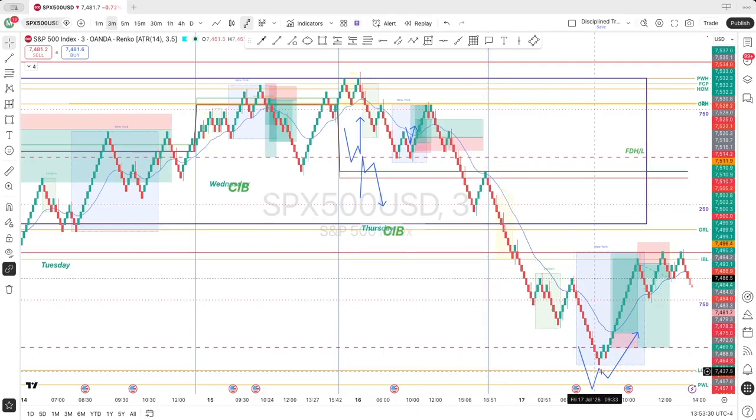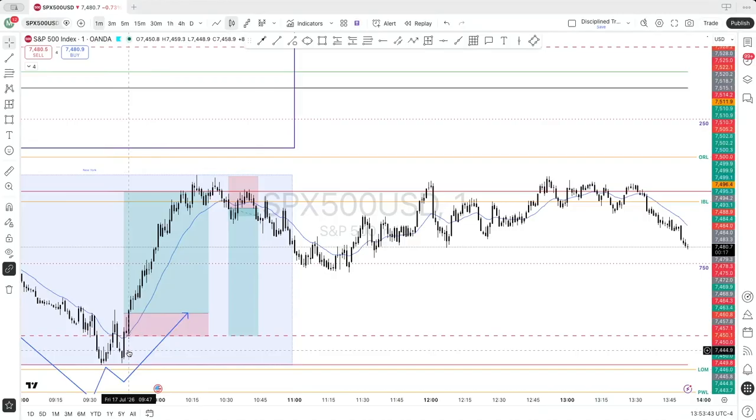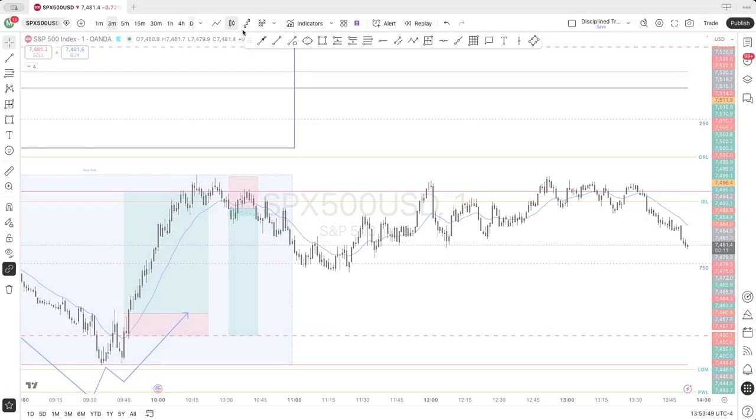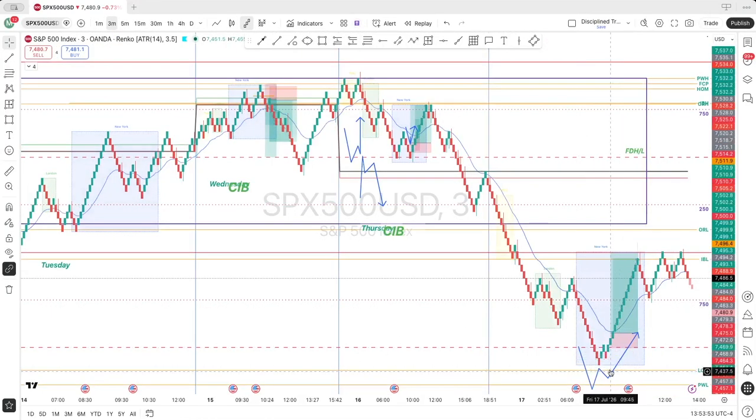How is price moving? So if we go on the candlesticks, 948, 945, 947 was the entry, or 948. Back to the 3 minute Renko. Okay.